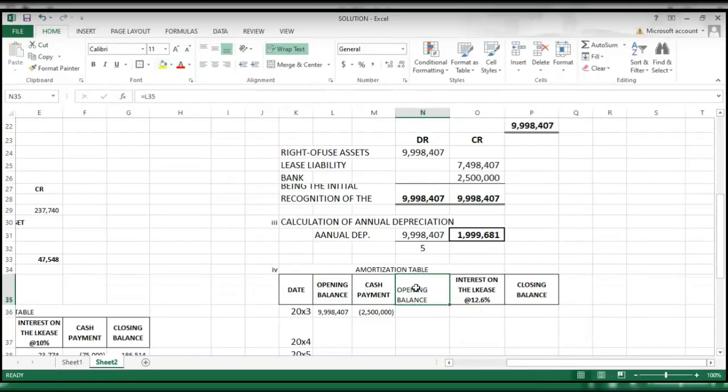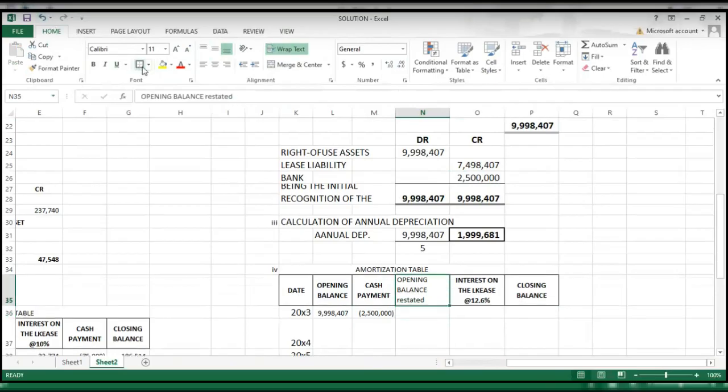I want to edit what I have in there, so I want to restate it as opening balance restated. Why am I restating the opening balance? It's because some amount has been paid.